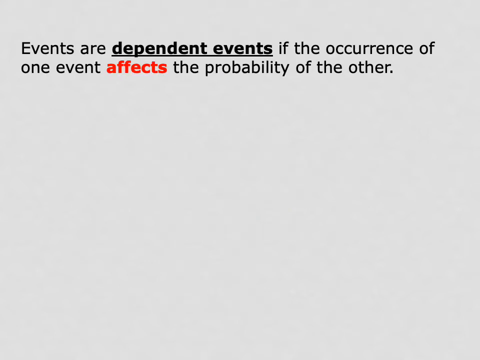Now, dependent events are when the occurrence of one event affects the probability of the other event happening. Okay? So with independent events, there was no effect from one event to the next. But when you're dealing with dependent events, the occurrence of one event is going to affect the probability of the other.